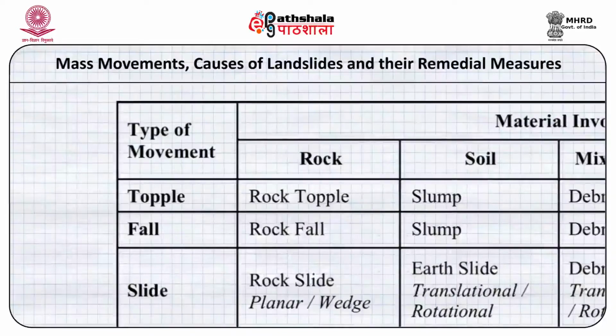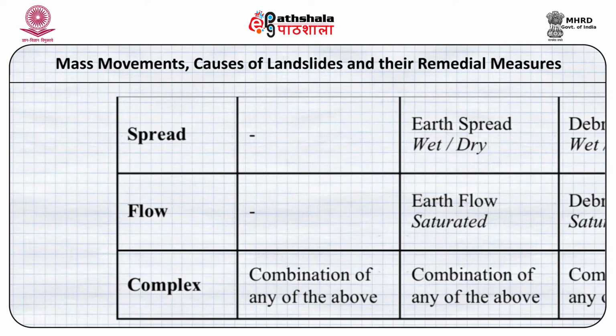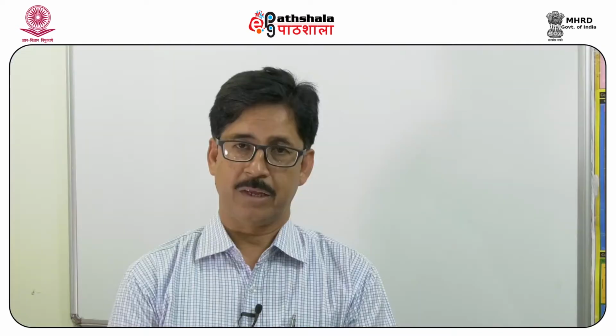The movement can be free fall, which is called fall. It can be toppling fall, that means the material is moving on a very high angle slope. Sometimes it is in contact with the ground and sometimes not. The movement may be in the form of sliding along a planar surface, or it may be in the form of slump along a curvy planar surface.